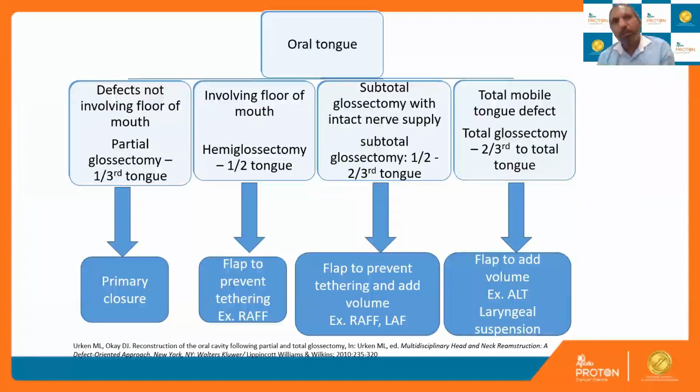Whenever there is subtotal glossectomy, if the remaining tongue is less than 30%, we need to restore the volume. If it is more than 30%, we need to line. And in total glossectomy, there is no doubt, we need to do a volume restoration and also create a laryngeal elevation to supplement swallowing.